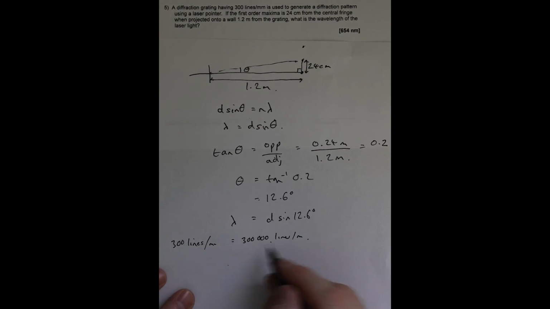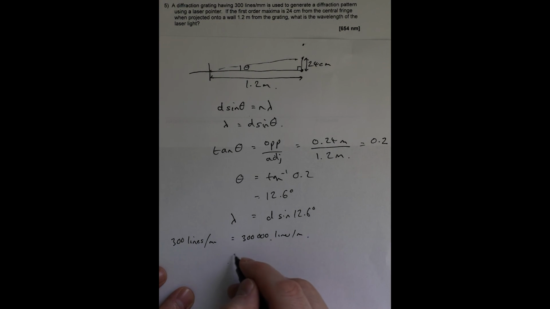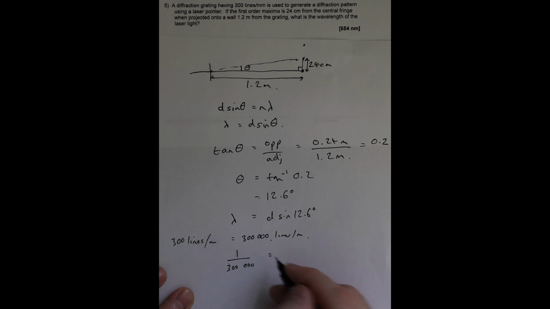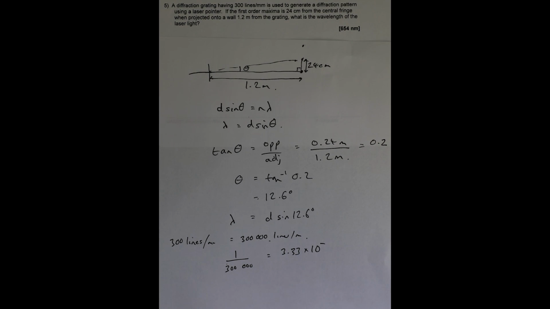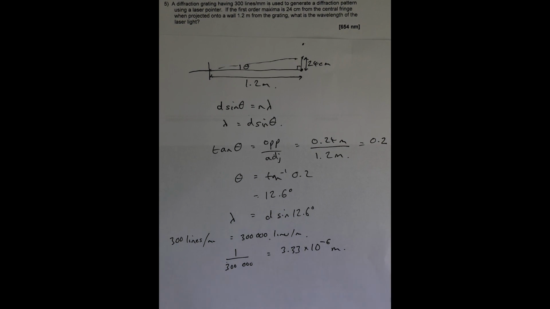To work out the average spacing, we divide 1 meter by 300,000, which gives a value of 3.33 times 10 to the minus 6 meters.